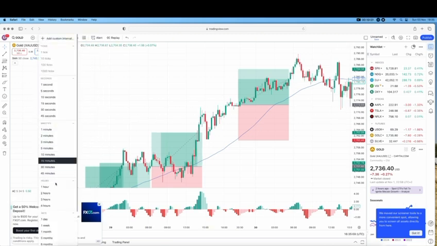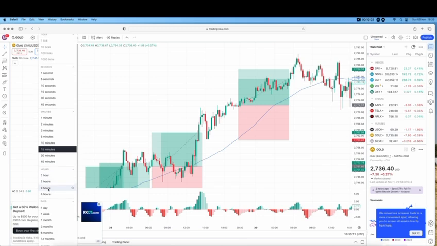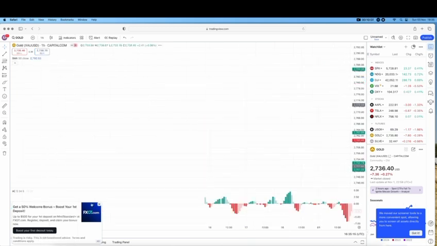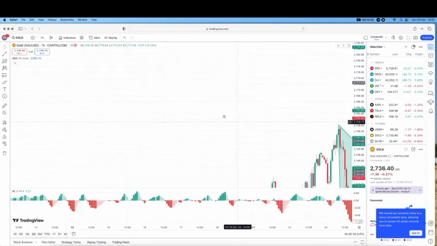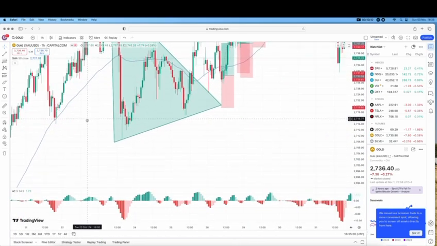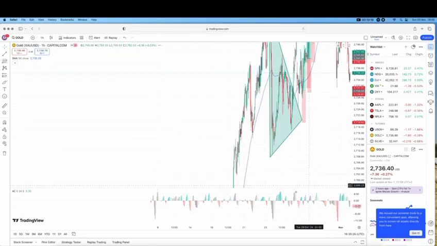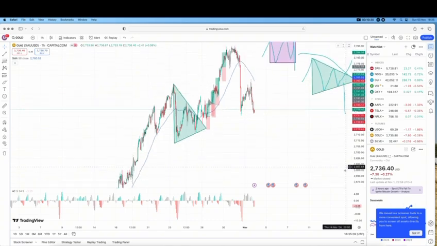So now we do this while looking at the overall 1 hour. And on 1 hour, to close your profit, you're going to draw a line from where you started analyzing, from where you started making re-entries.